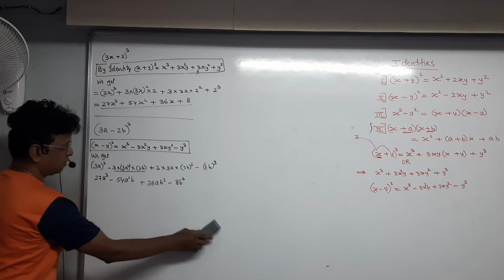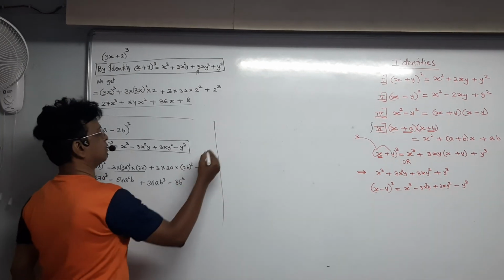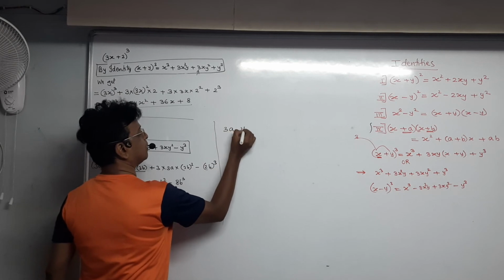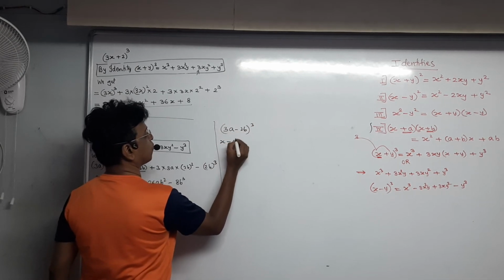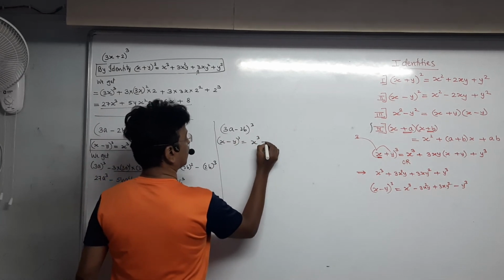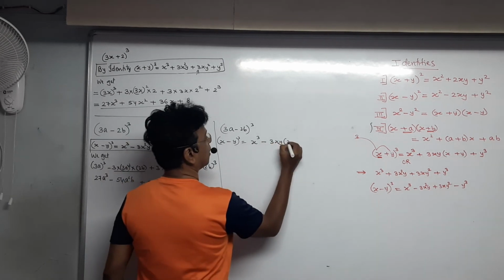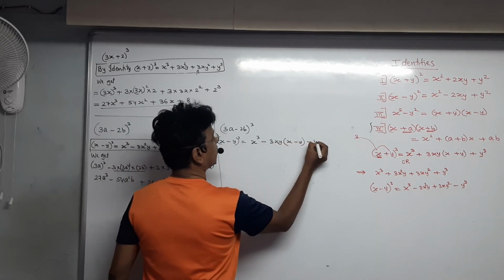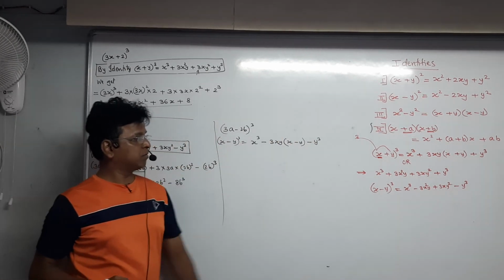Same question if you solve by 3a minus 2b the whole cube. Here I am using the identity x minus y the whole cube is equal to x cube minus 3xy in one bracket x minus y, minus y cube. Here everything will be minus.